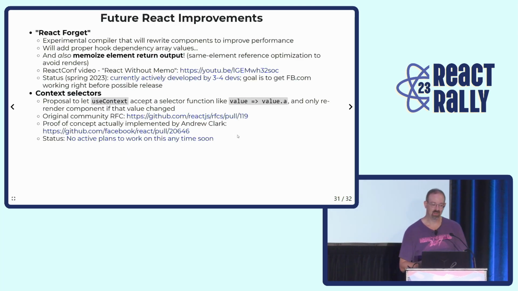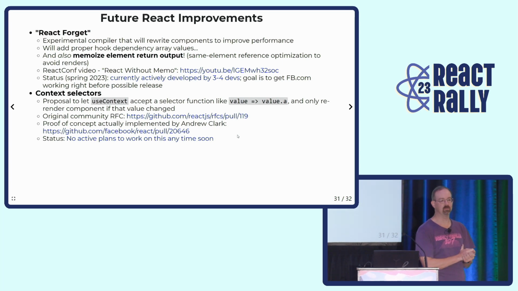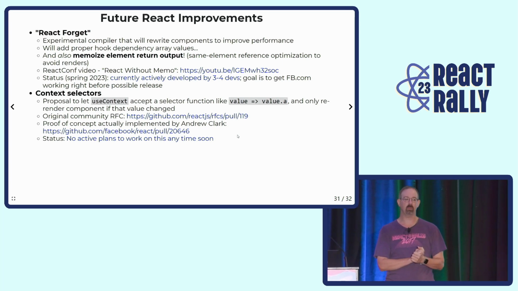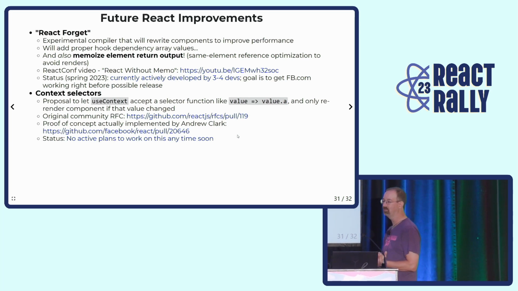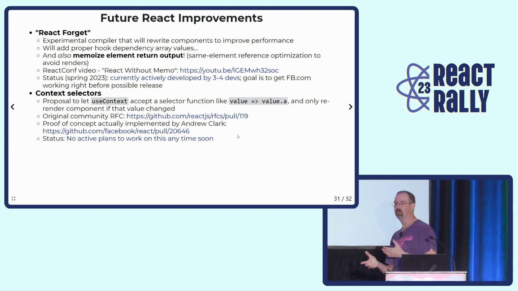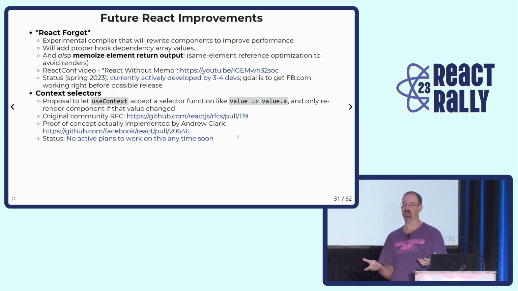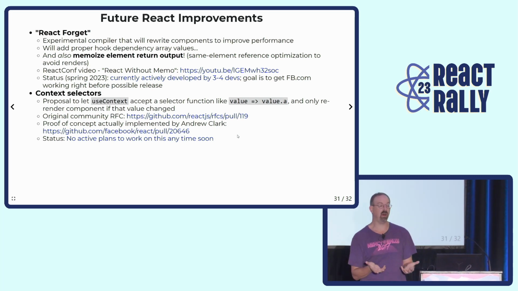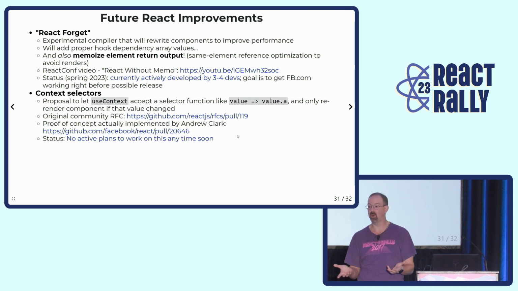Almost on time, cool. A couple of future React improvements. A couple years ago, the React team announced they're working on an automatic compiler called React Forget. And this would not only improve your dependency arrays for things like useEffect, it would automatically memoize all of the elements in your component.